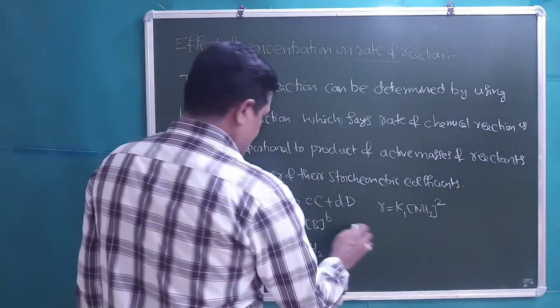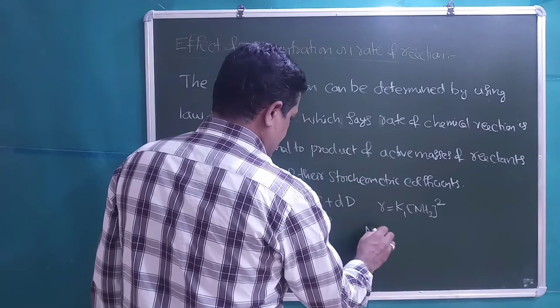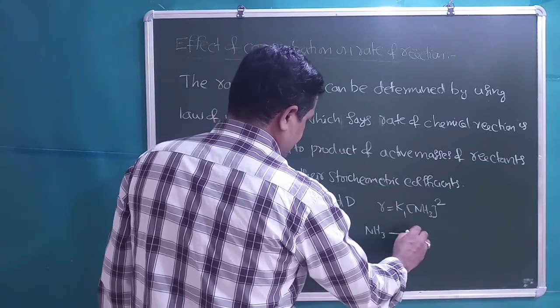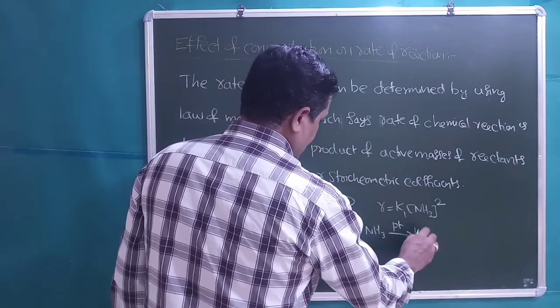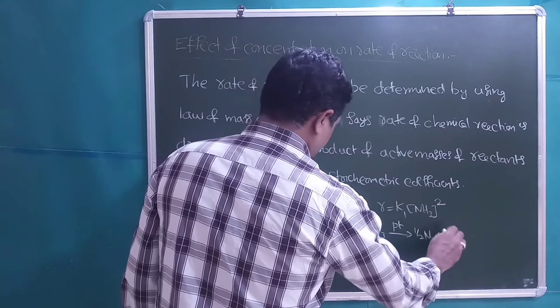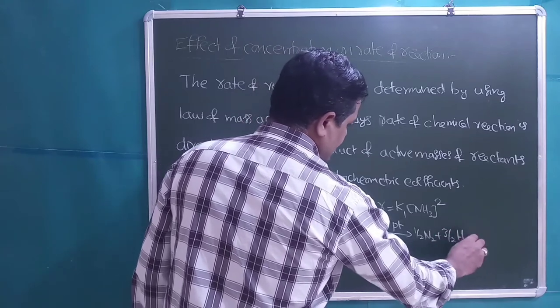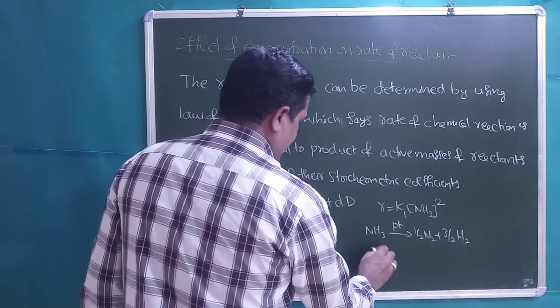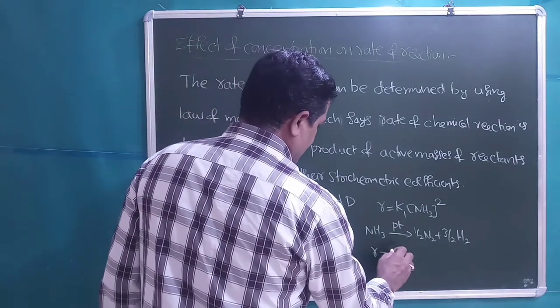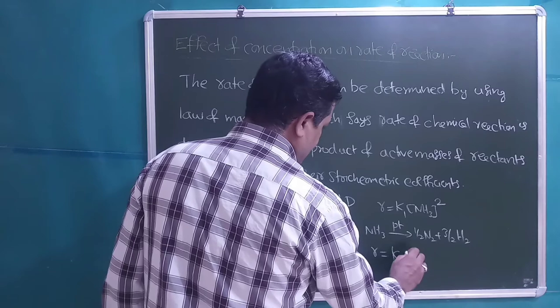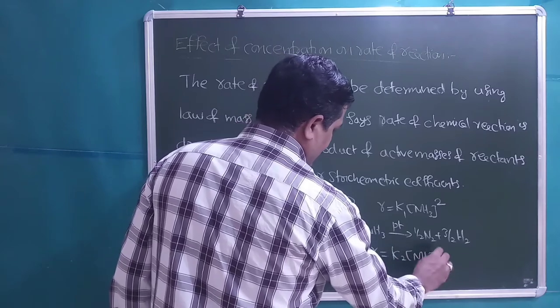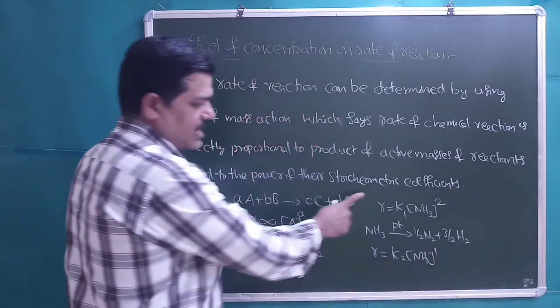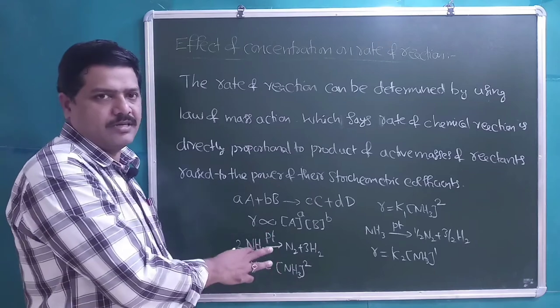Students, if you take this equation in another form, NH3 gives half N2 plus 3 by 2 H2, the same reaction, then we can now write rate as R is equal to some K2 multiplied by [NH3] power 1. For the same reaction, the rate expression cannot be different.